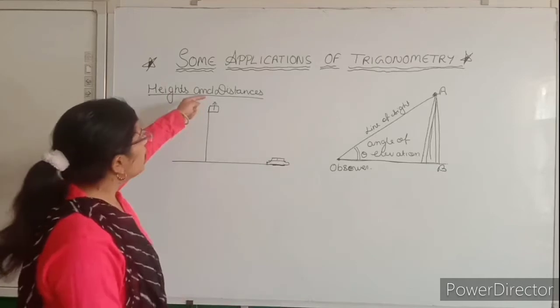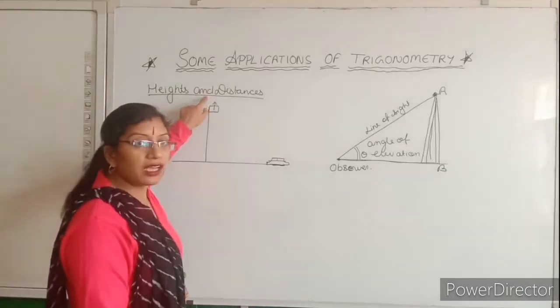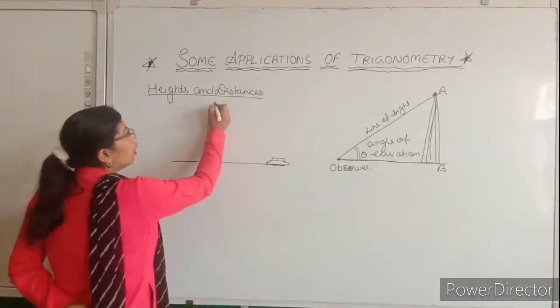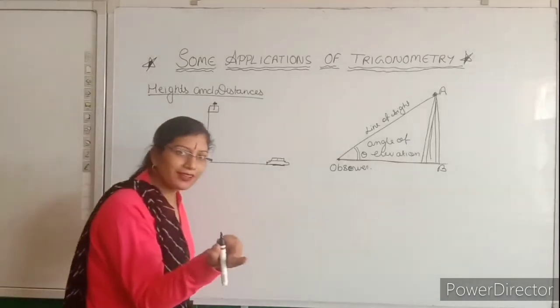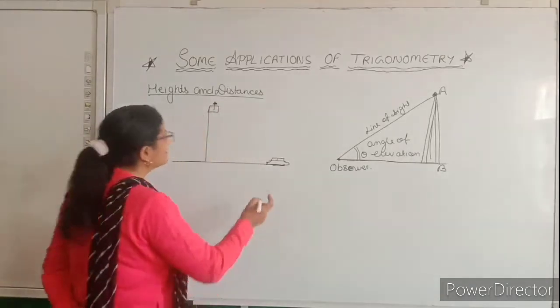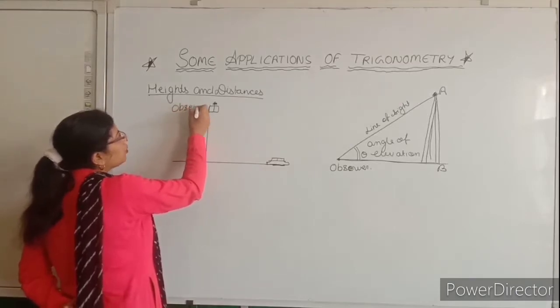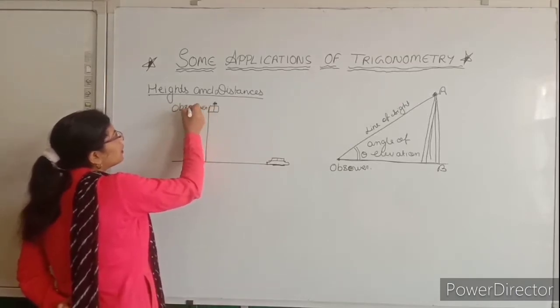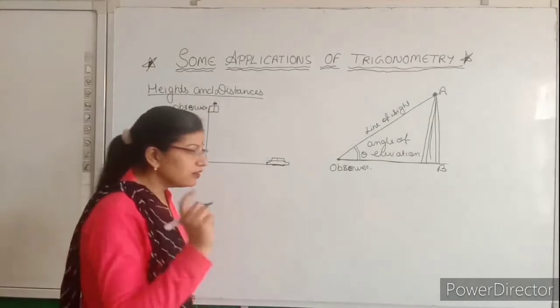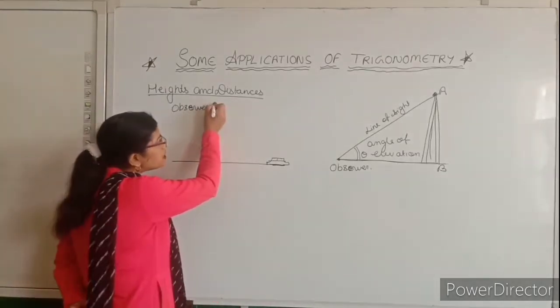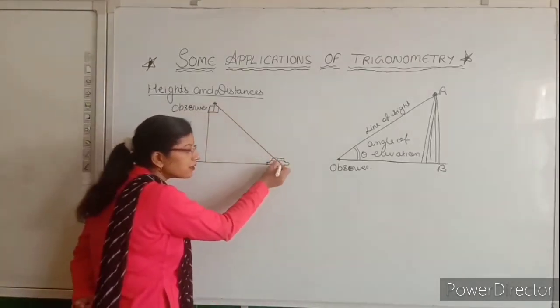So when the observer कहाँ है? Here is the observer. So eyes will be here only. Okay, this is clear. Common sense is there. So we will write observer is here. So the observer will see the car like this.